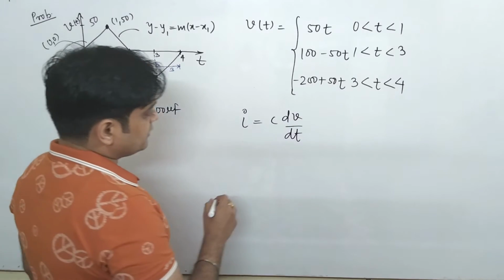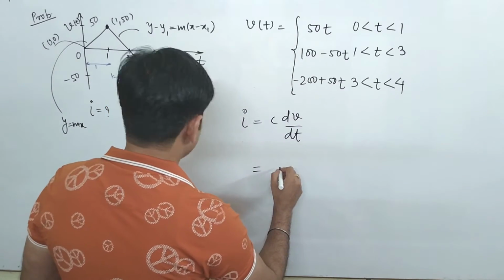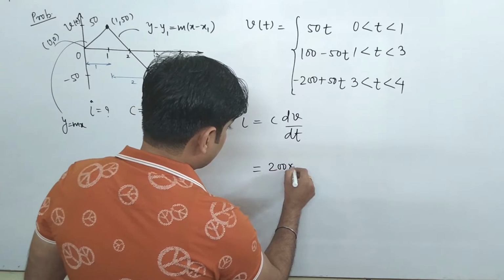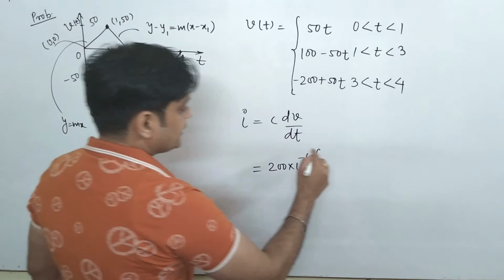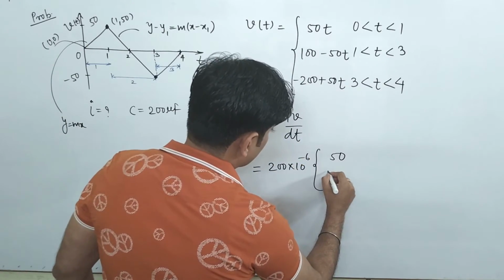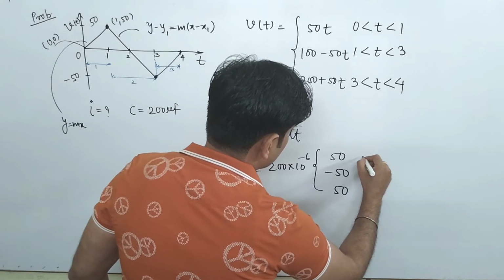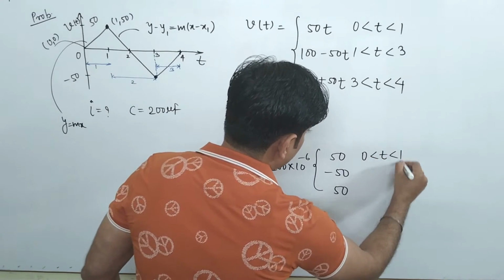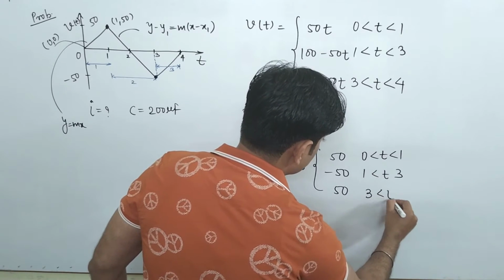So from here you can directly differentiate it and find the answer. The value of C is 200 into 10 to the power minus 6, microfarad, and when you differentiate it, this comes to be 50, this comes to be minus 50, and this comes to be 50. It is again between 0 and 1, this is between 1 and 3, this is between 3 and 4.